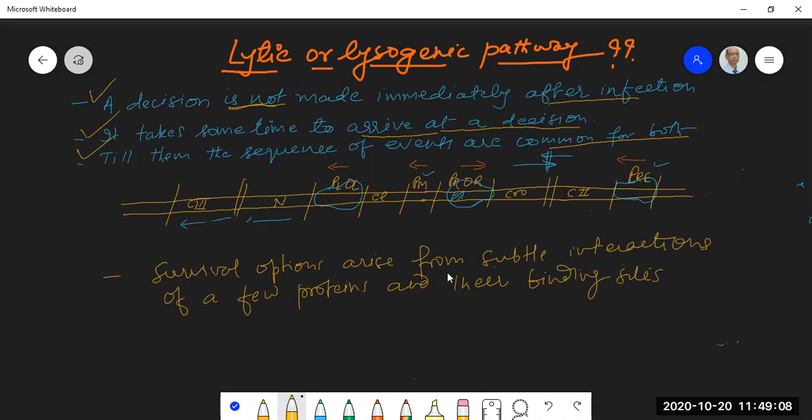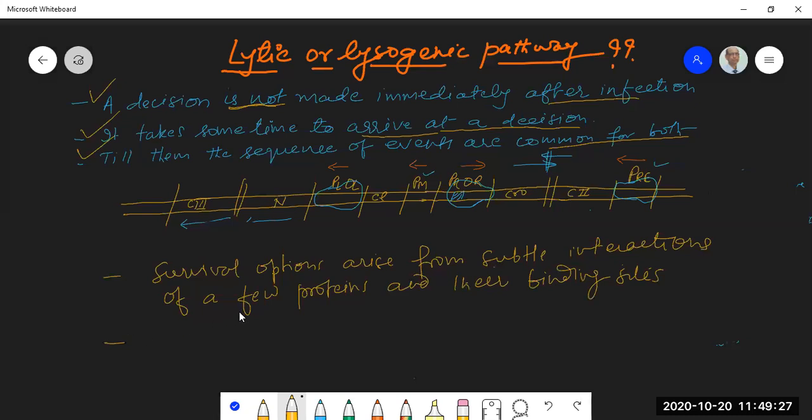Survival options, they arise from subtle interactions of a few proteins. Few means you have repressor protein, you have anti-repressor protein, you have these positive regulator proteins, right? So a few proteins and their interaction with their respective binding sites. Survival options are dependent on them.